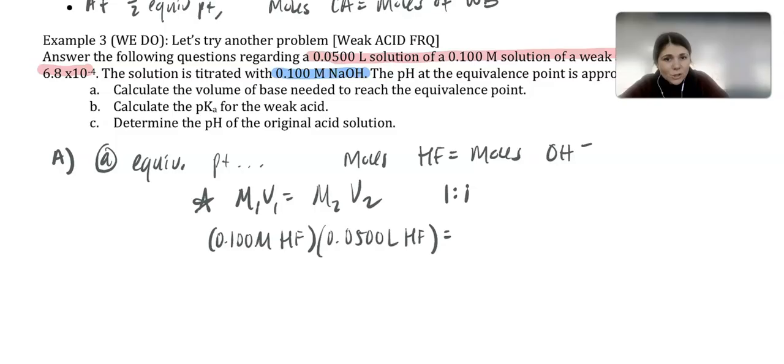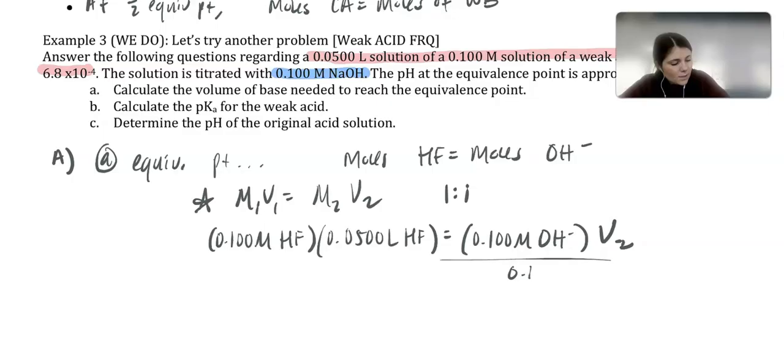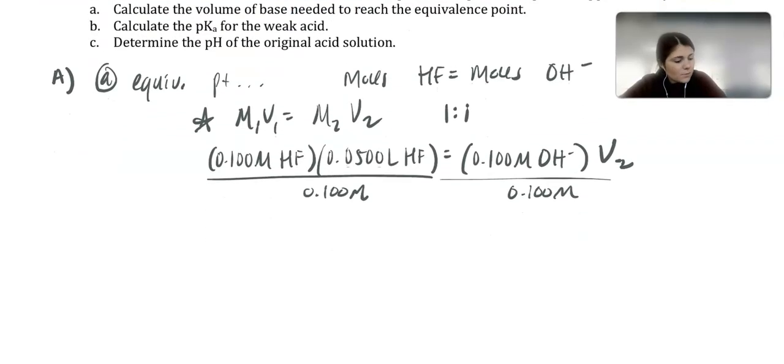And then the concentration of the strong base is 0.100 molar. And we are solving for volume. Just like the previous problem, if you can already figure out what it is, awesome, but make sure that you still solve for it. So here we get 0.0500 liters, or you could say you got 50.0 milliliters.